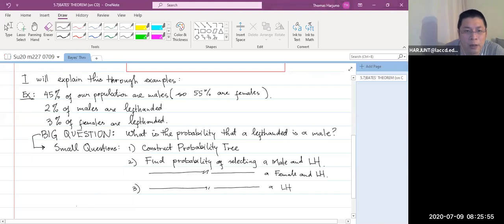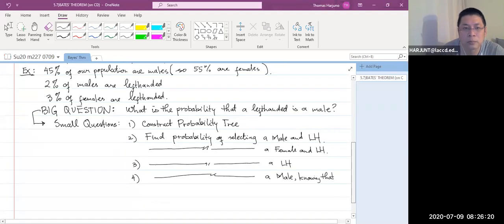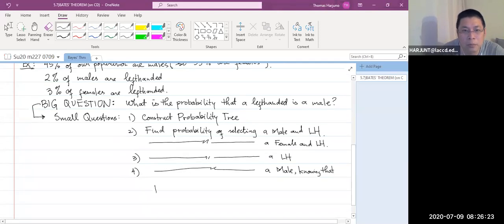And then finally, find the probability of selecting a male, knowing that person is left-handed.